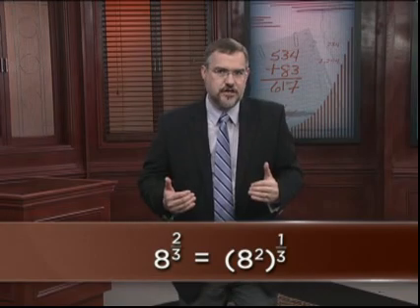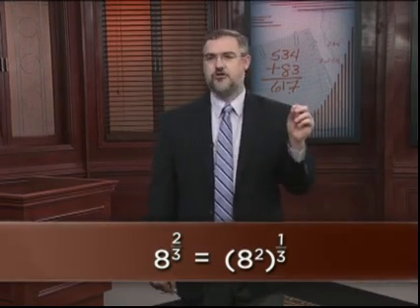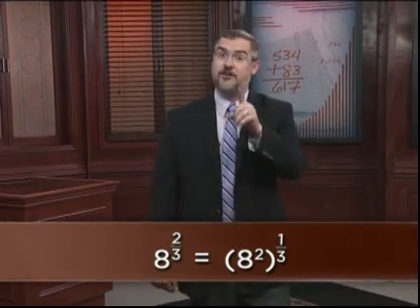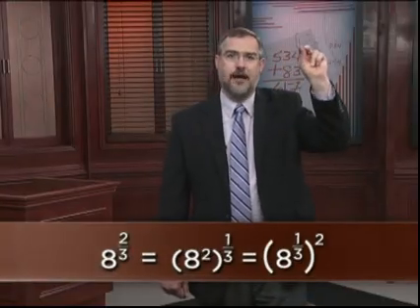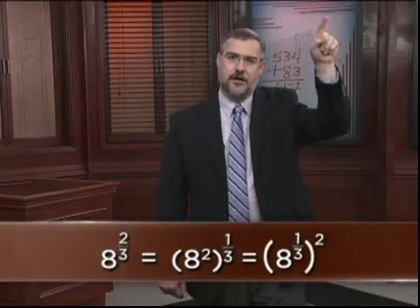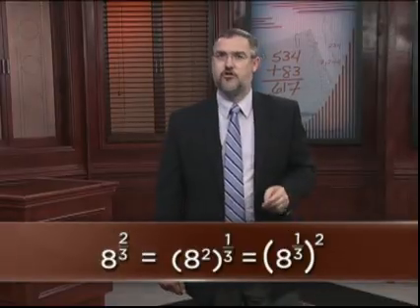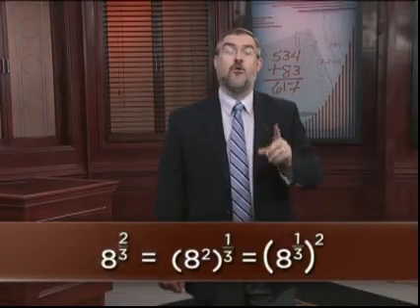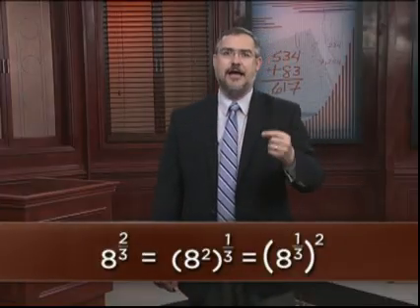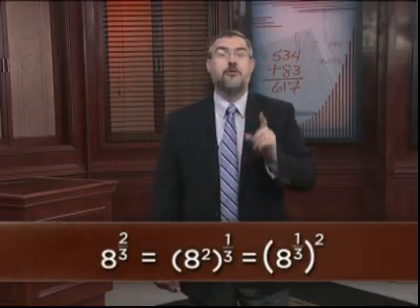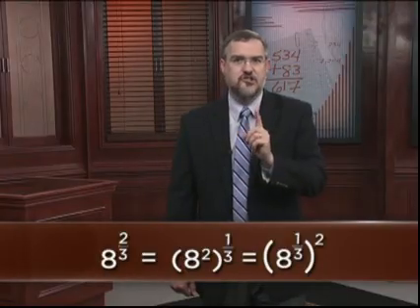And it also tells me that 8 raised to the 2/3 power can be written in a different way, and that is as 8 to the 1/3 power all then raised to the 2, which is the numerator of that fraction. So I have two different ways that I can split up 8 to the 2/3 power, but both of them will give me the same answer.